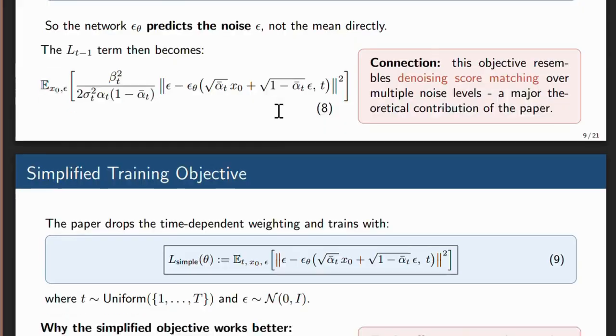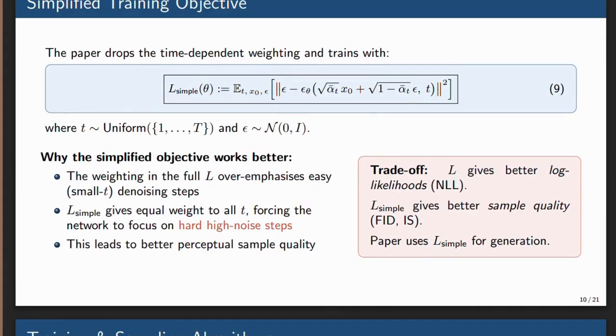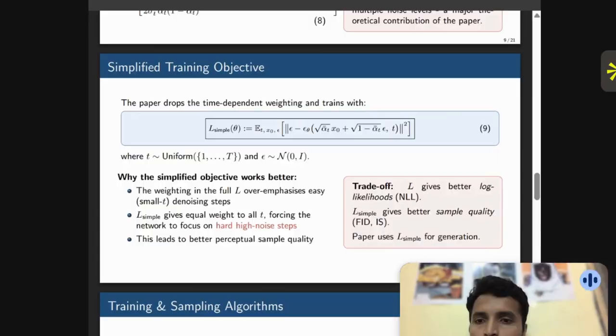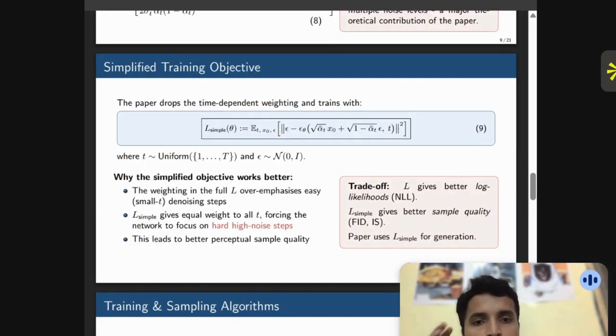Now coming to the next slide, which is about simplifying the training objective. The ELBO function that we saw on slide 8 suggests that every step has a different weight. But when the authors tried solving this analytically, they discovered that if we ignore these weights and treat each and every step as equally important, the result gets better.